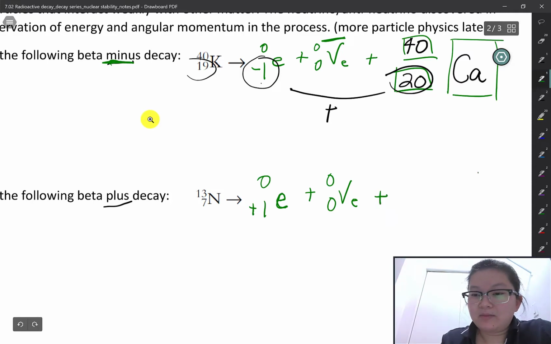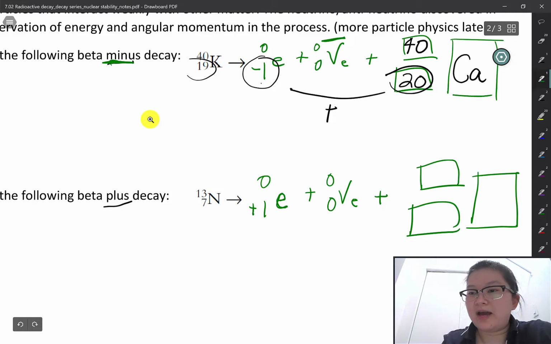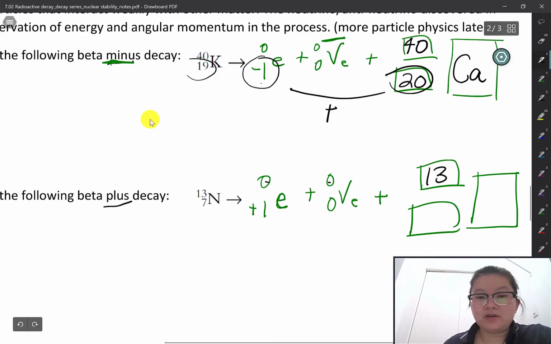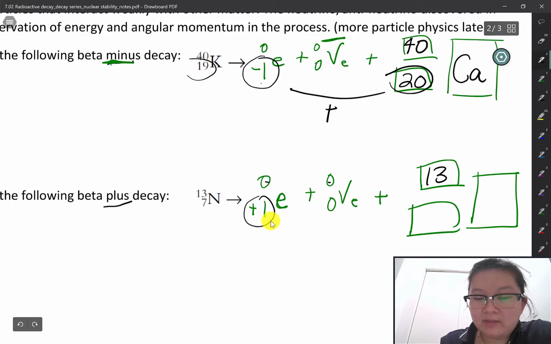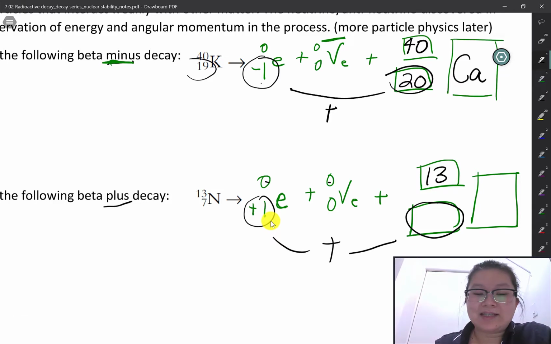The remaining particle here is what you need to determine in terms of the atomic mass and the atomic number. So again, 13 doesn't change because these two are both 0. So 0 plus 0 plus 13 gives us 13, which is correct. However, on the bottom, something plus positive 1 is going to give us 7. So essentially in a beta plus decay, instead of a neutron to a proton, this is a proton to a neutron plus a neutrino.